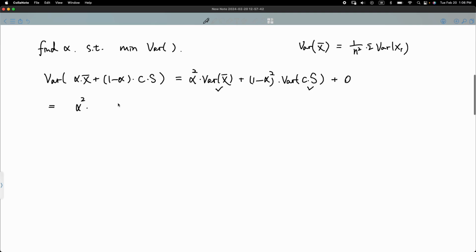This reduces to sigma squared over n, and in our case, sigma squared is theta squared, so the variance of x bar is theta squared over n.